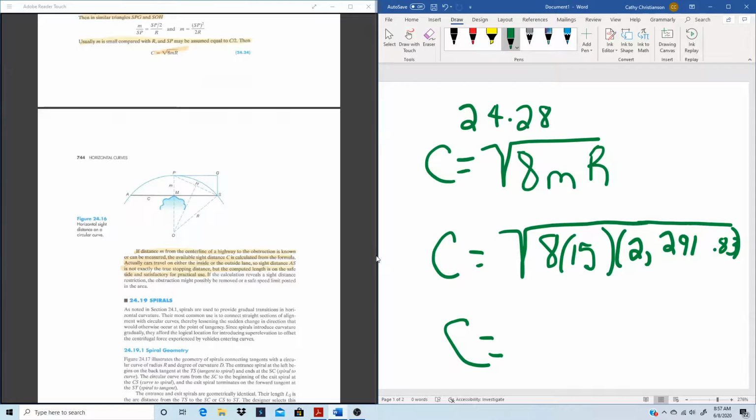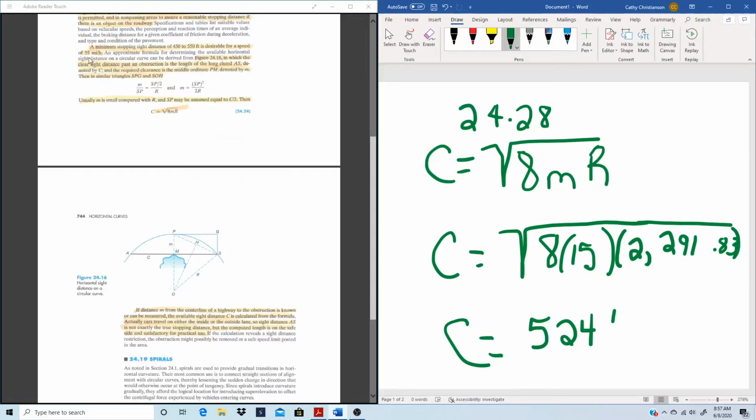You should get 524 feet. So you see we're in that safe stopping distance, because they would prefer, if this was 55 miles an hour, that we have 450 to 500. Alright, so that's it. Now we're going to start spirals in the next video, so just hang tight.